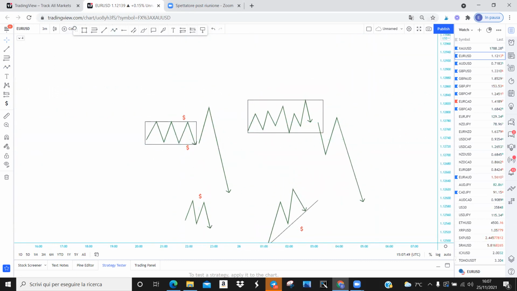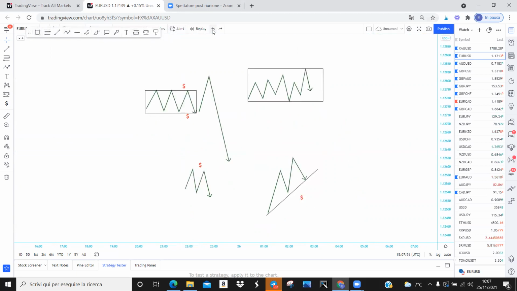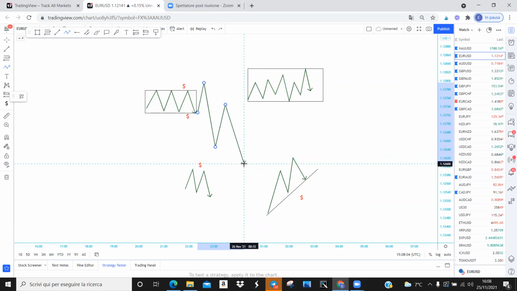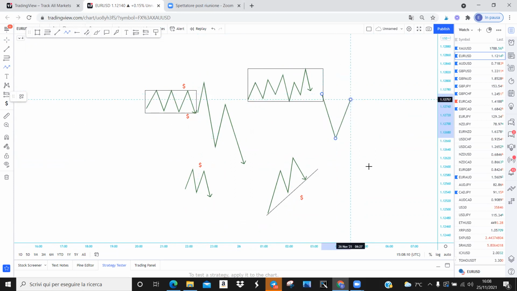We also have possibilities that during London, we manipulate and drop, and that during New York, we retest and continue, which is different than what I showed earlier, which was just drop, retest, and continue.